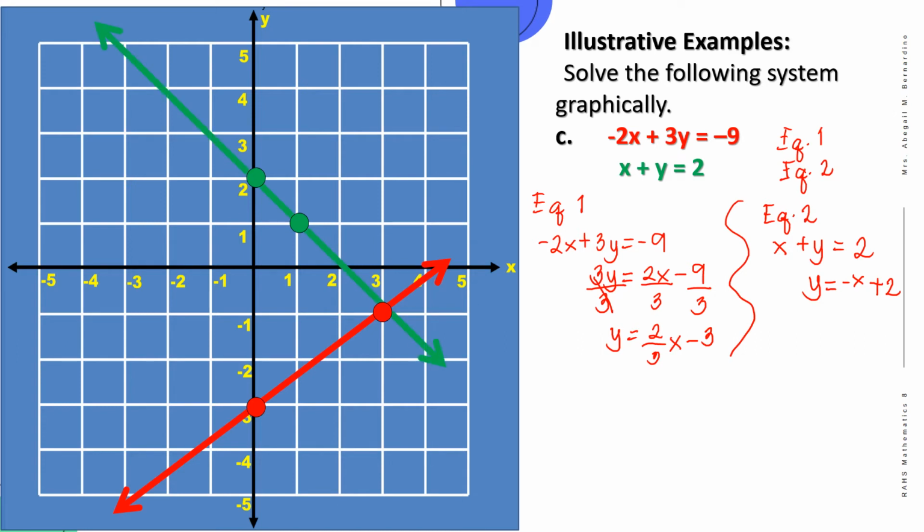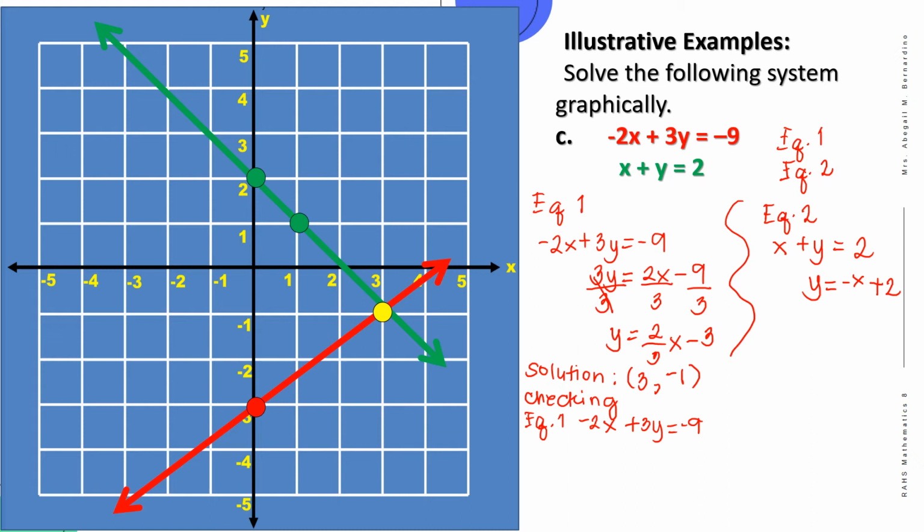As you can see, we have the point of intersection here, and it is (3, negative 1). Now, let's have the checking. Equation 1, which is negative 2x plus 3y equals negative 9.